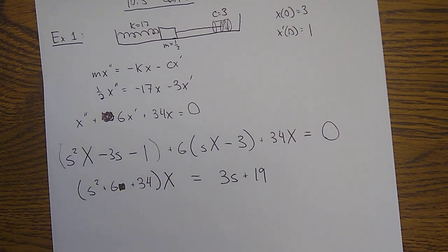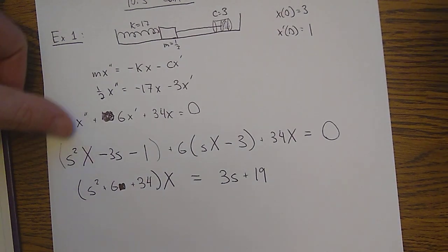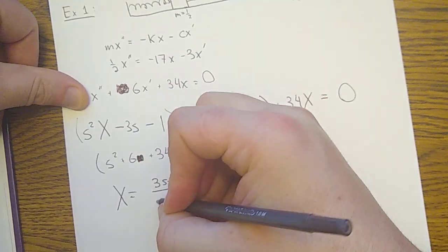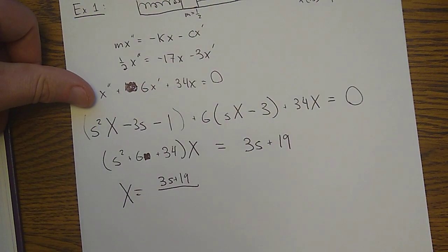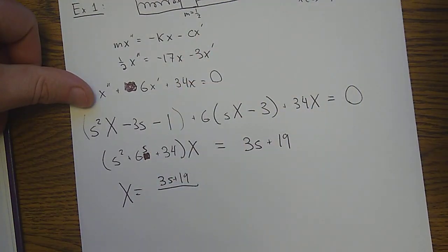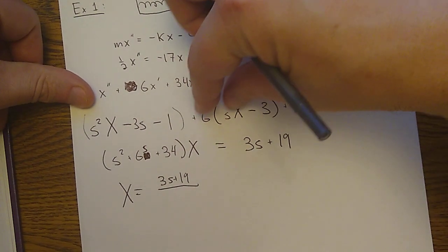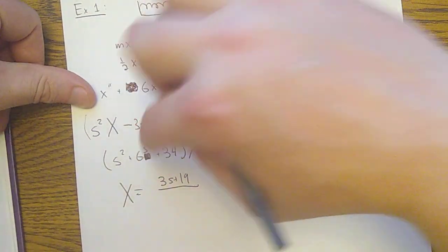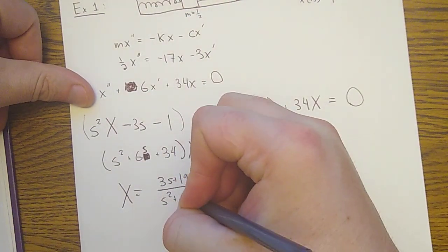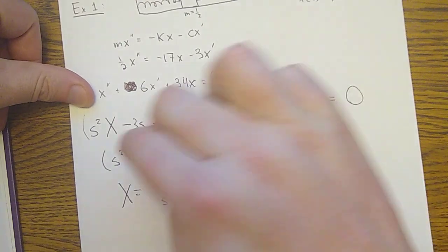Actually, sorry, let me make sure that I'm right. Yeah, that's what I'm supposed to get. Okay. So x is 3s plus 19 over, ooh, yeah. Where I put an x here, that should have been an s, because that was from this 6sx. There we go. Right, anyway. That's what goes here.